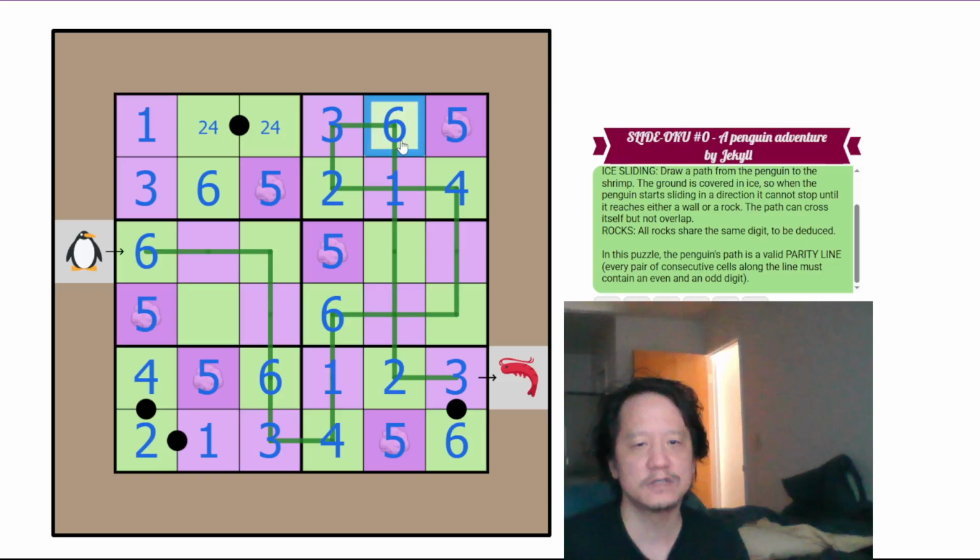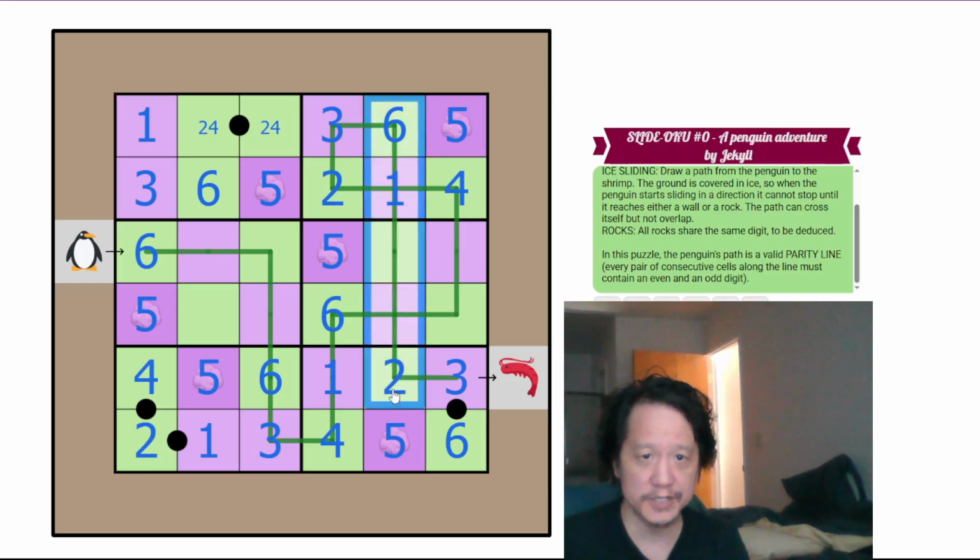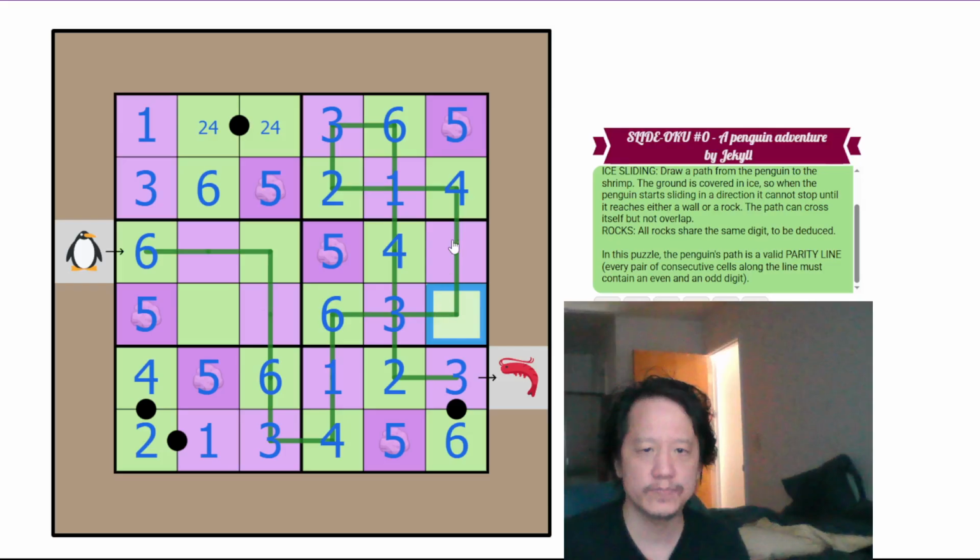That leaves that as 6 there. Remaining digits in column 5 are 3 and 4. So this is 4, that's 3. Remaining digits in column 6 are 1 and 2. So this is 1, which makes that 2. That leaves that as 4, which makes that 2 and 4 there. That leaves that as 2, so this is 3 and 1.